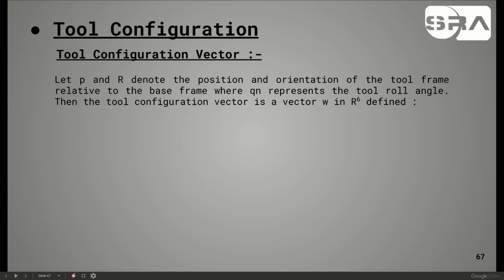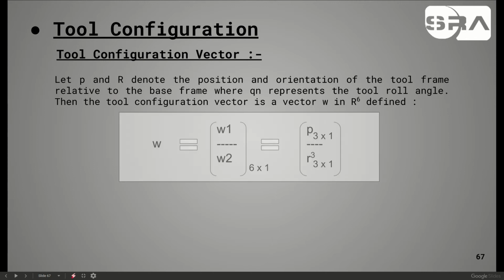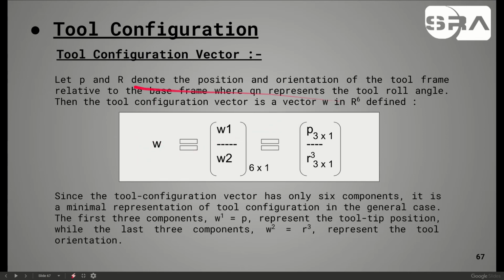Both of these can be represented with a single vector, that is W. Currently we are only going to derive for P, so we'll only focus on P, but this is just for your knowledge that we can represent this as a single vector W.